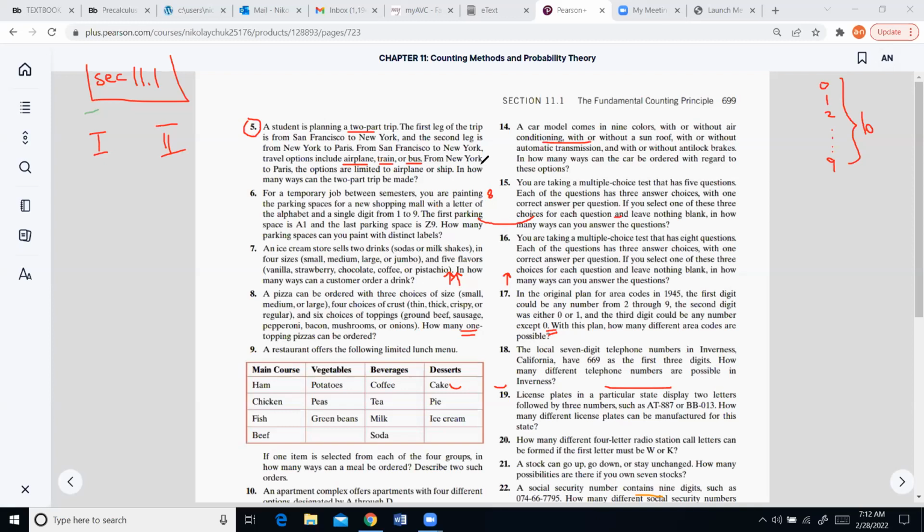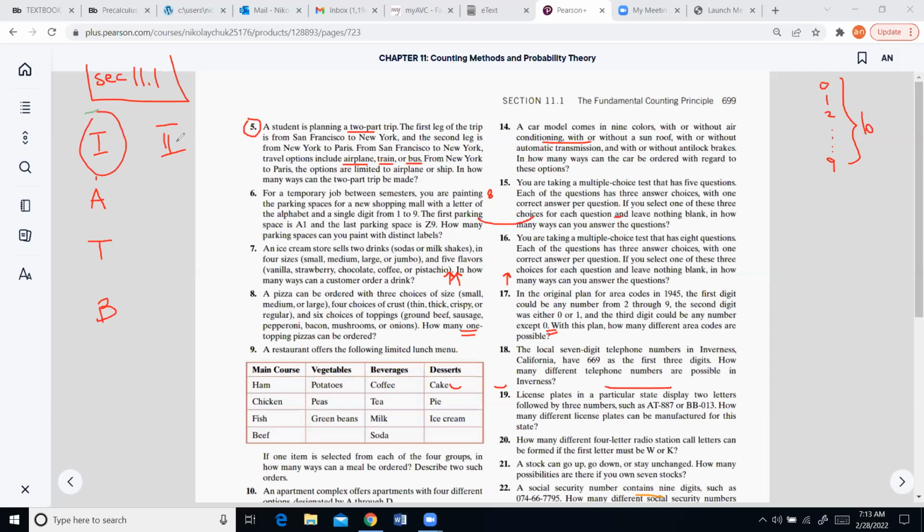So technically you can go from San Francisco to New York. Probably the fastest is airplane, but there is also a train option. Did you know that? Or if you really have plenty of time, then you can also use a bus. So I can list this here: airplane, train, or a bus, just like that. So that's for the first option.